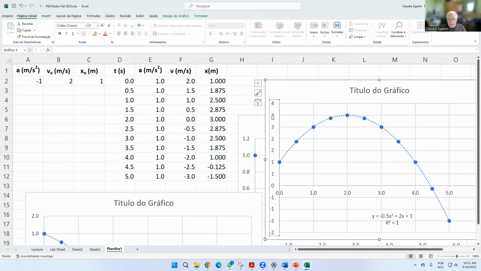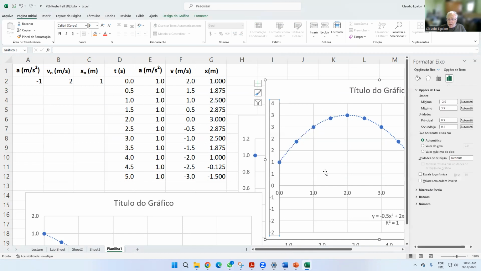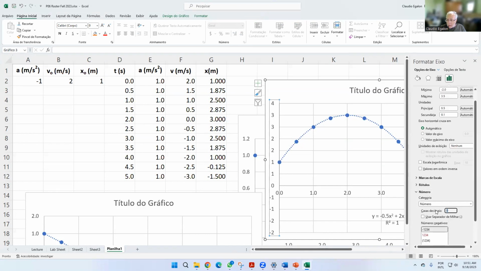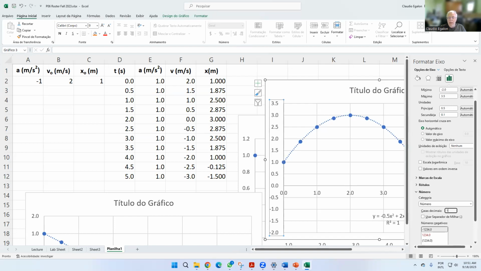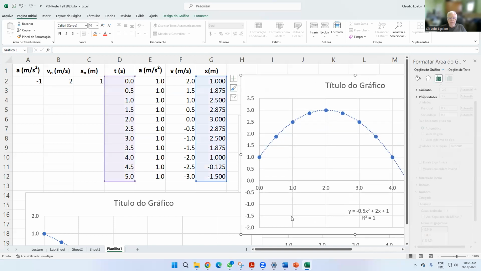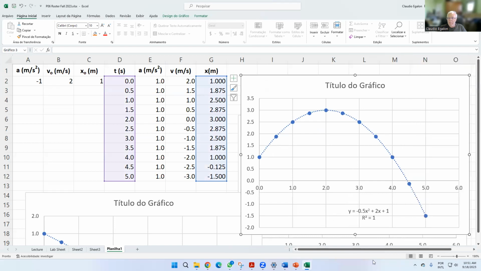This guy here is not displaying every value because I don't have enough decimals. Now I have it. Now you can distinguish it, right? And so on. And like I said, if you set up something like that in Excel, you can come up with all sorts of graphs, position versus time.